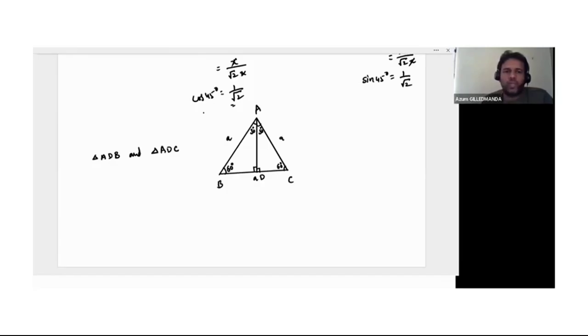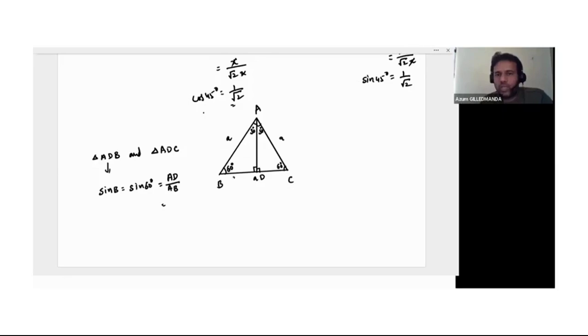Now from the triangle ADB, can I write sine B? Sine 60 equals opposite side, which is AD, by hypotenuse, which is AB.